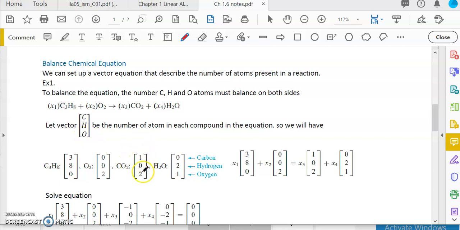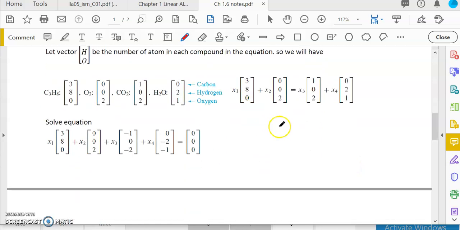CO2 is 1, 0, 2, and H2O would be 0, 2, 1, right? So we record this, and because we are doing a balanced equation, x1 of this compound plus x2 of the second one would equal x3 of this one plus x4 of this. So this is how you set up the unknowns, and then using the vectors, you can do that.